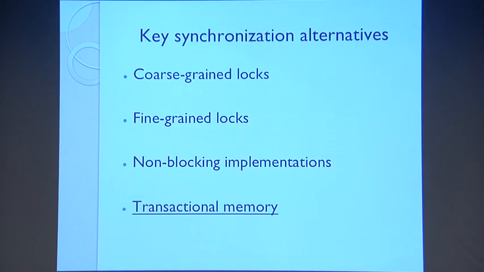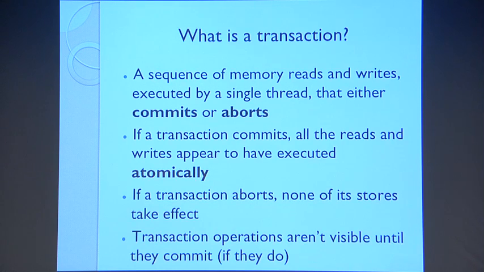And so today I'll talk about transactional memory, which is the latest alternative, which began, I guess, almost 25 years ago, but gained much traction when people started to talk about multi-cores. So what is a transaction? A transaction is a term that is taken from the database community.